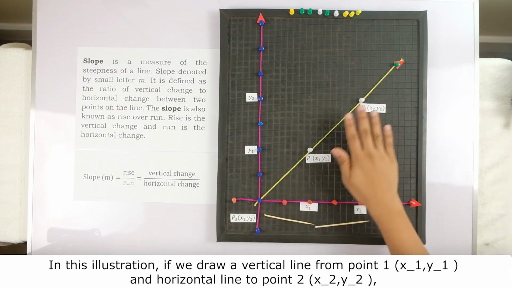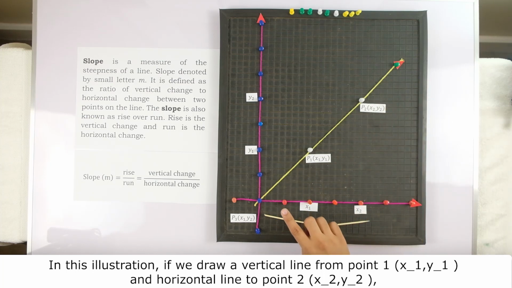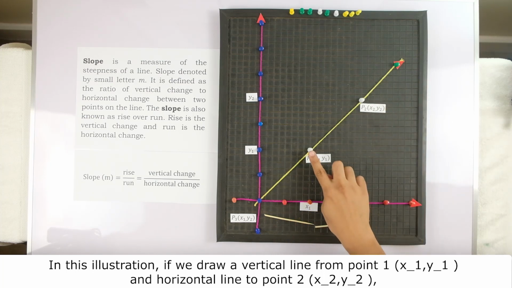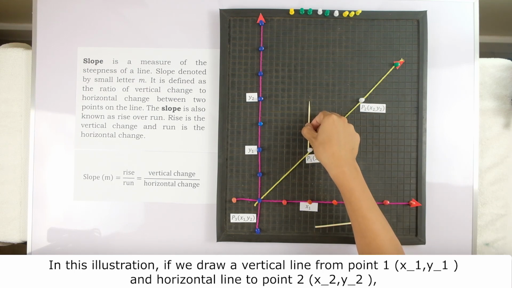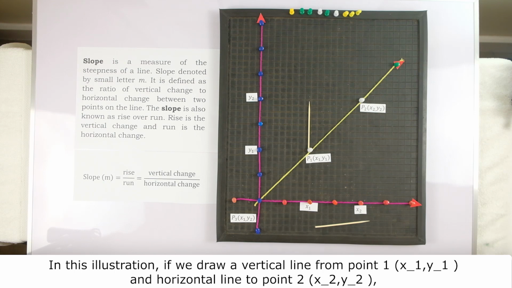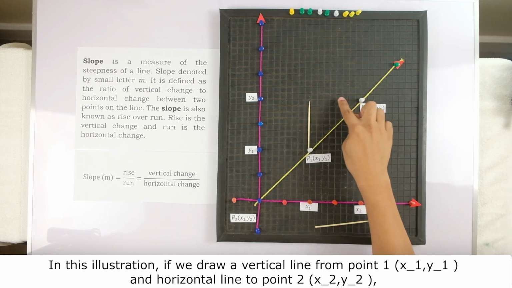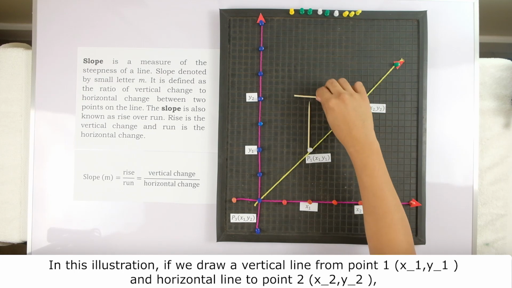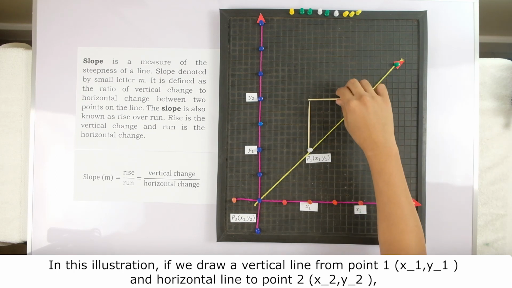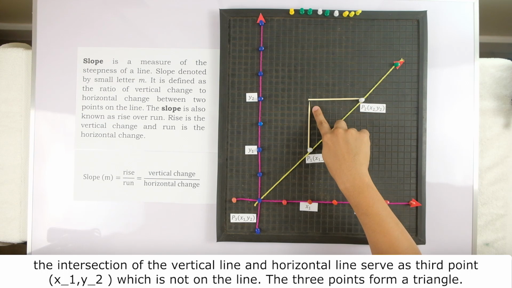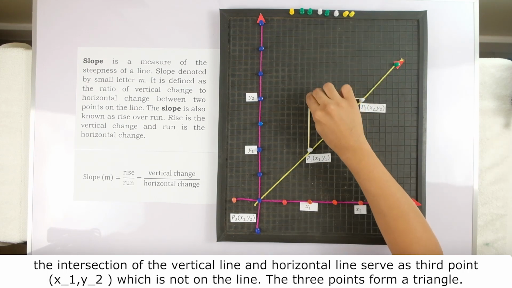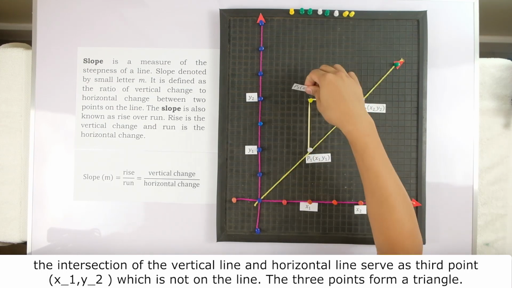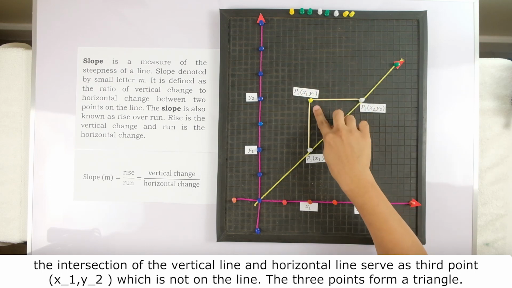In this illustration, if we draw a vertical line from point 1 and a horizontal line going to point 2, the point of intersection is the third point, (x sub 1, y sub 2).